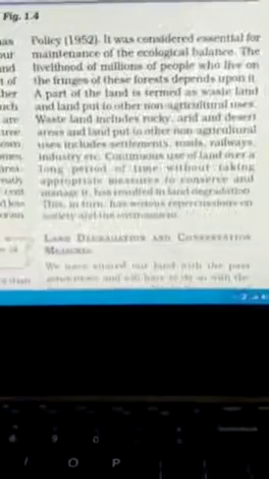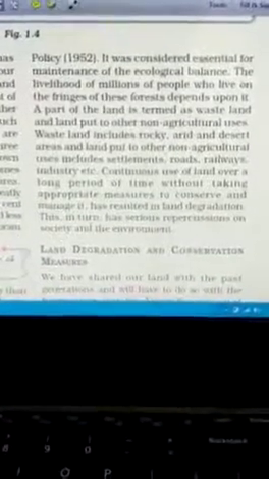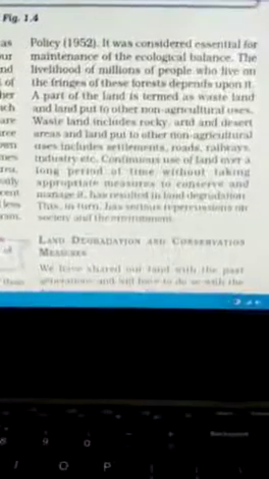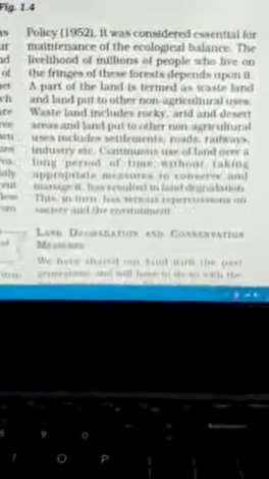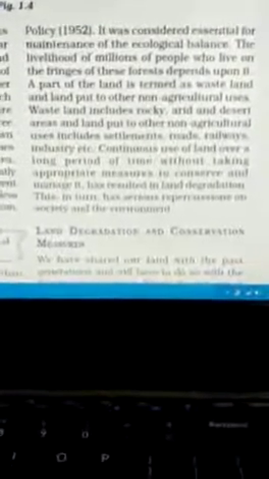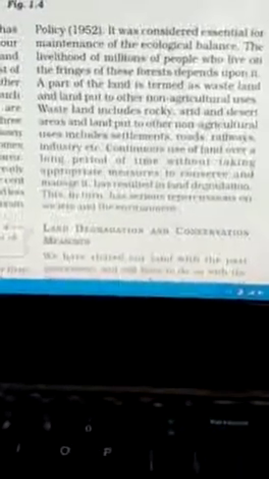And we know the replenishment of land is a natural process. It takes a long time, and thus in turn has serious repercussions on society and environment. It is giving serious results to society and environment.